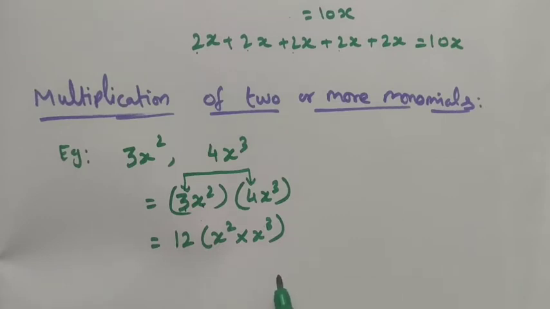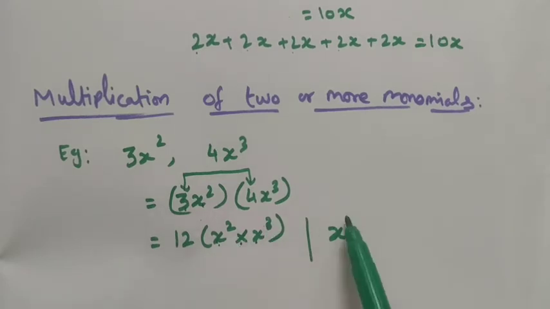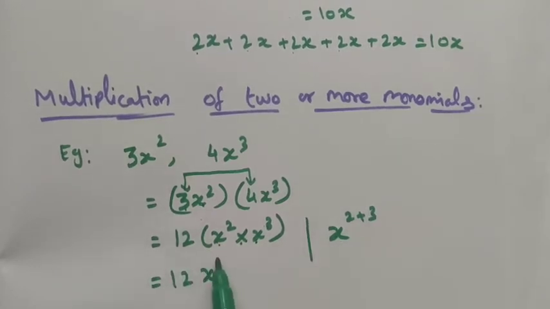We have already studied the law of exponents. By the law of exponents, when the bases are equal and it is in multiplication, we can add the powers. Both have the base x in product form, so we can add the powers 2 plus 3. 2 plus 3 is 5, that is 12x power 5. Only the powers of the same variable can be added, different variables should not be added, right? So this is the answer.